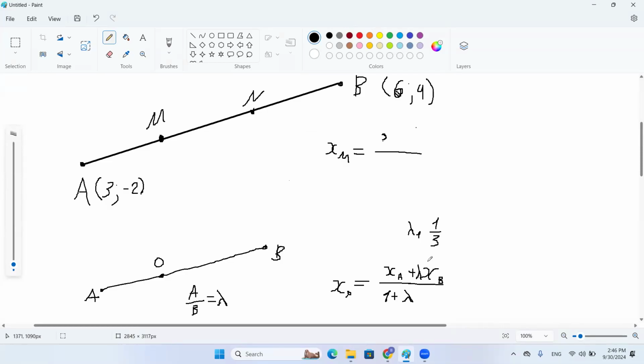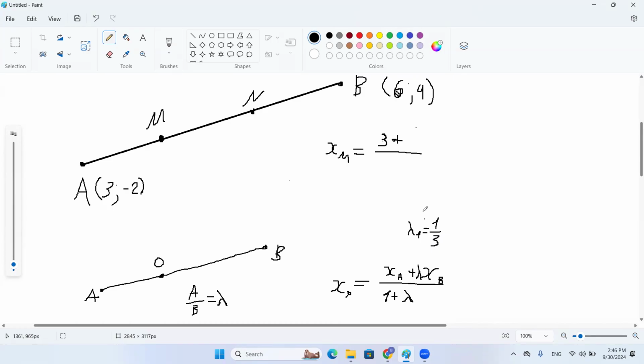xA is 3 plus 12, 6 multiplied by 6 divided by 3. 3 plus 12, are you sure? So lambda 1 is 1/3.